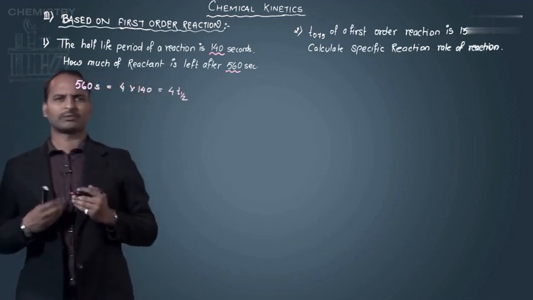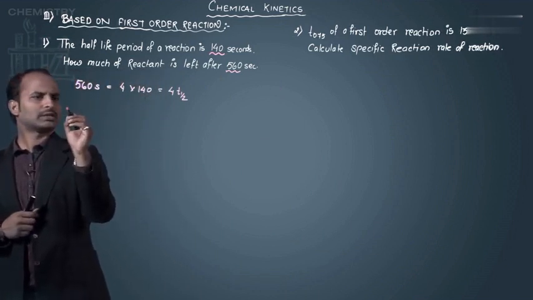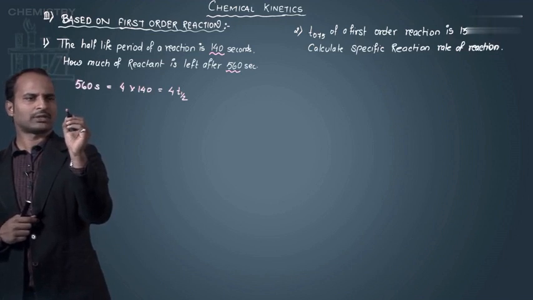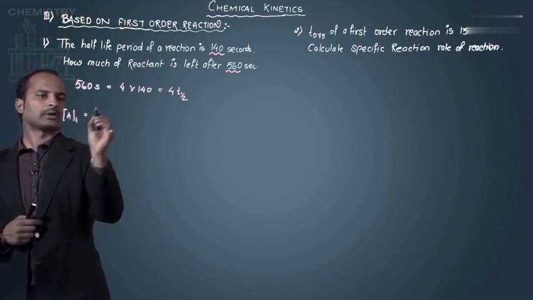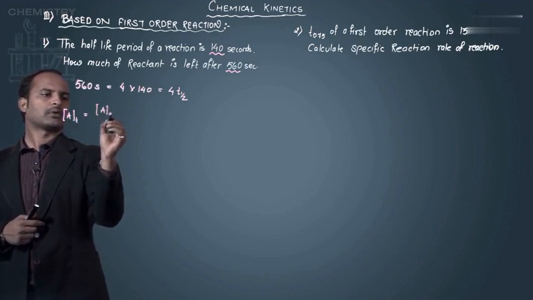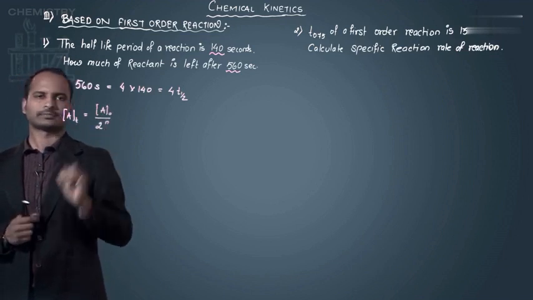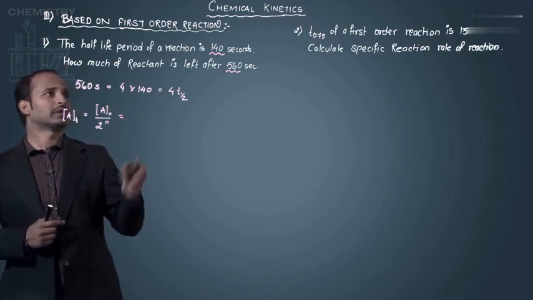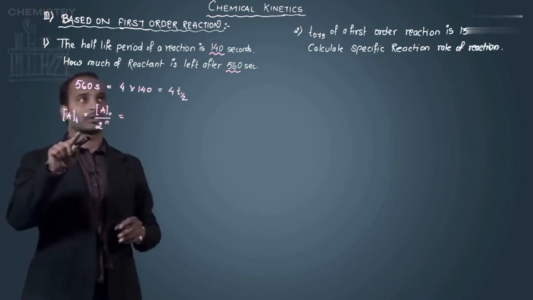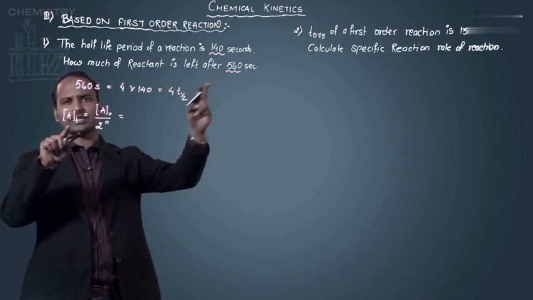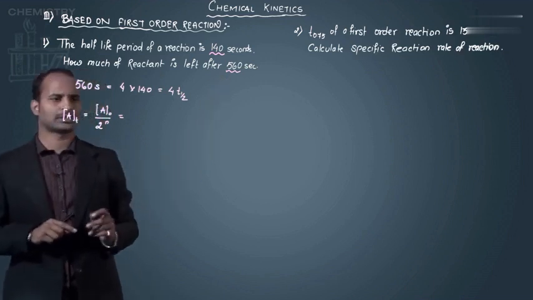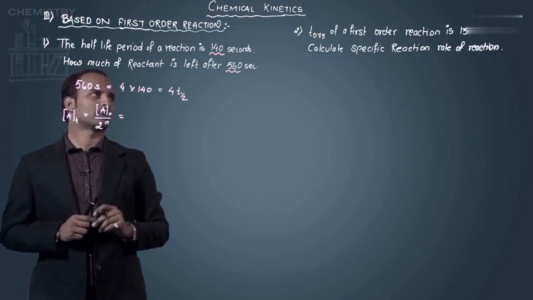So we have two different methods for solving this. Number one, we just use the formula. Suppose A_t is equal to A0 upon 2 raised to n. The initial amount is not given. They want the amount left after 4 half-lives, that is after 560 seconds. So A0 upon 2 raised to n.